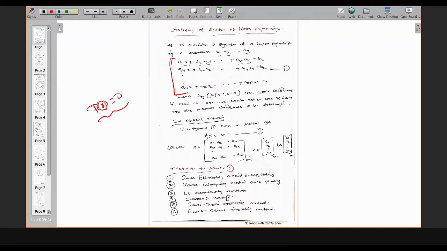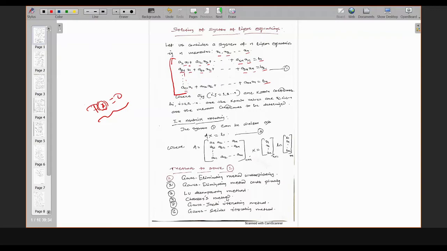And your second equation is a21 x1 plus a22 x2 up to a2n xn equals b2. And if you come to the last equation of the system, it is an1 x1 plus an2 x2 plus up to ann xn equals bn. So you can see you have n equations in n unknowns, x1, x2, up to xn, and how can you solve this type of system of equations numerically.